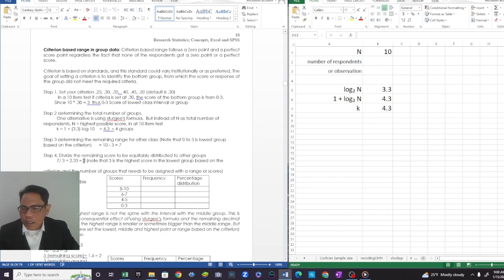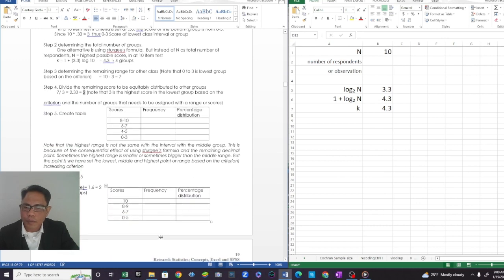Note that the range is not the same as the class interval of the middle group. This is because of the consequential effect of Sturgeon's formula with the remaining decimal point. Sometimes the higher range is smaller or sometimes bigger than the middle range. But the point is we have the lowest, middle, and the highest range based on the criterion.